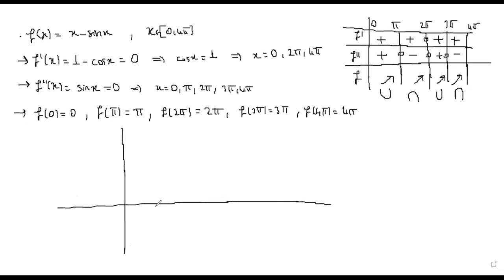Okay. Now we can sketch the graph. So we have 0, pi, 2 pi, 3 pi, and 4 pi. We know this point should be on the graph, and also this one, 2 pi, 3 pi, and 4 pi.